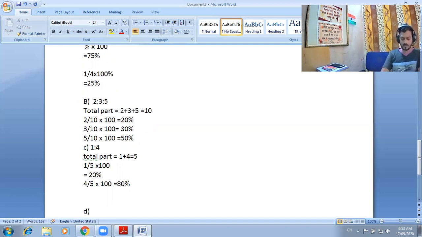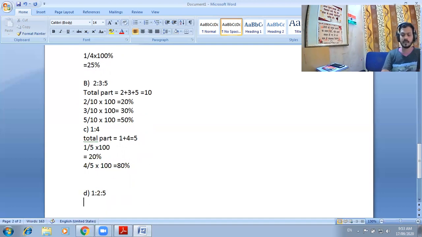So next go ahead to D. 1 raised to 2 raised to 5. So total part equal to, reply me, 1 plus 2 plus 5 equal to 8.